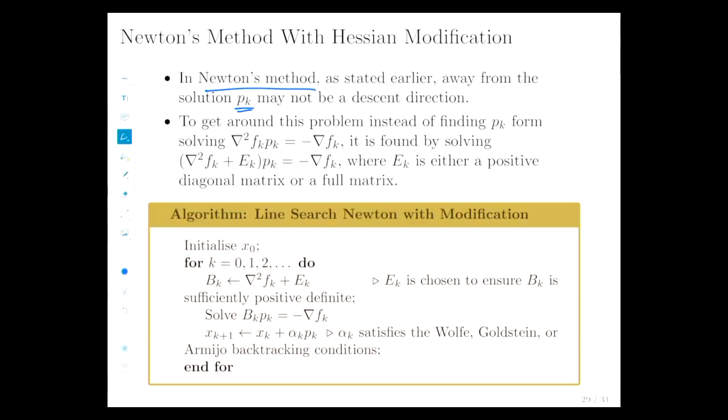Now, to get around this problem, we can try to perturb the Hessian by some symmetric matrix.